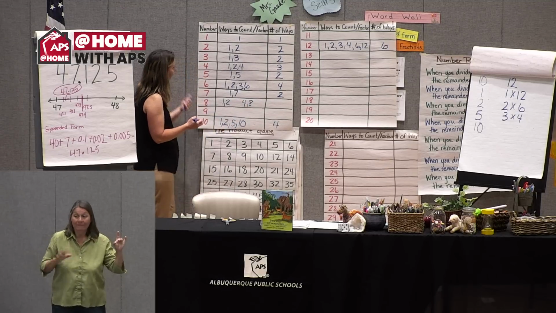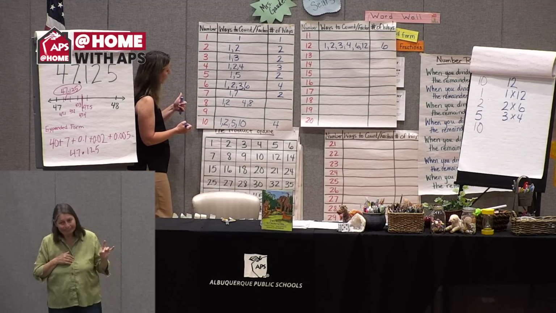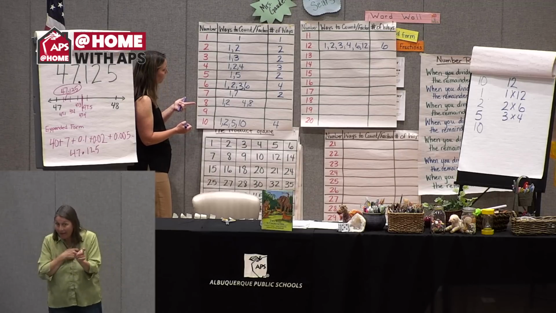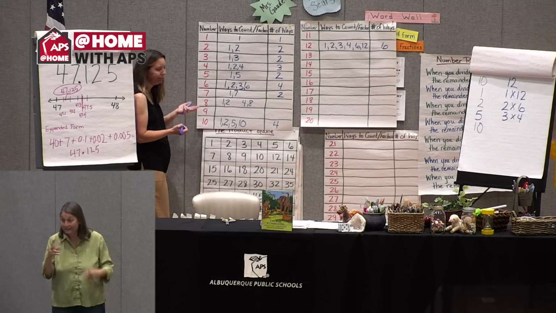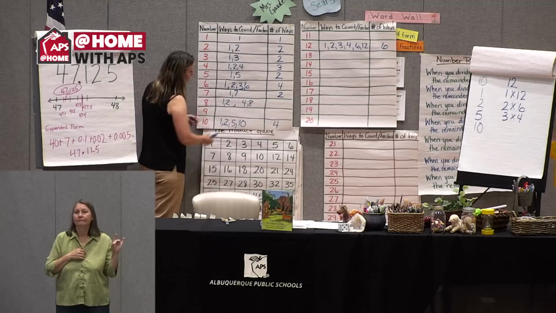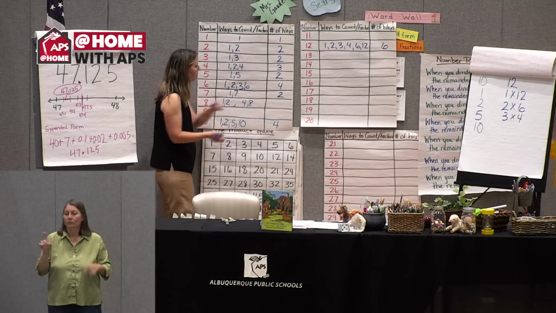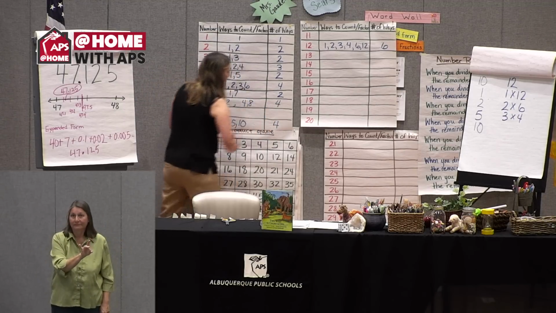Can we do 5? No. Can we do 6 times anything to get 8? No. What about 7? No. So you notice it's a little further apart, but that's okay. So we have our 4 ways that we're able to do that.